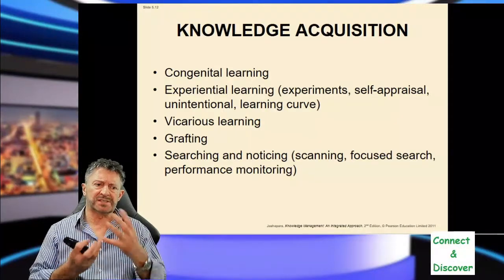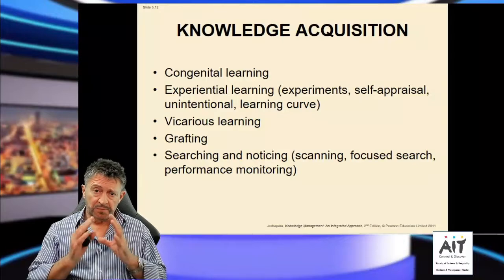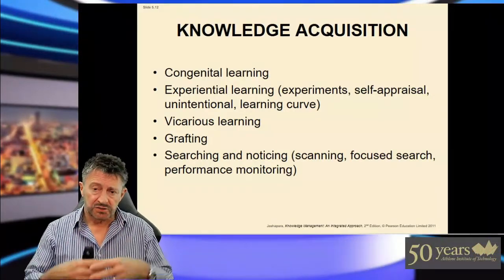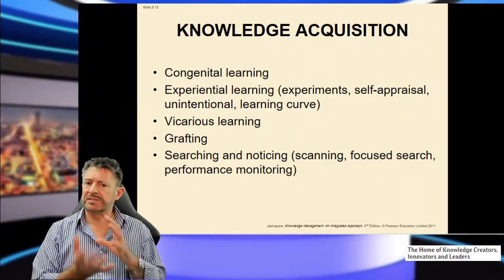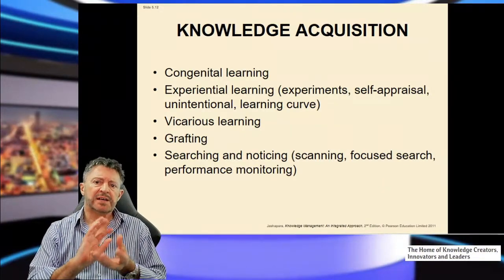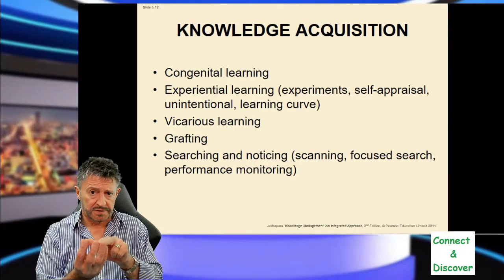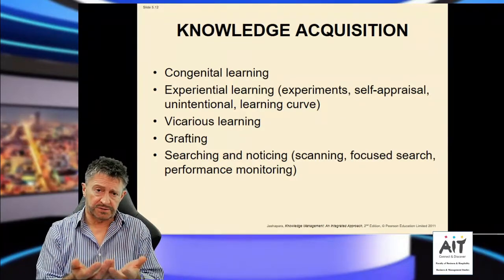So all of these are different ways of learning for individuals, but more importantly, knowledge acquisition for the team. So we do this on an individual level. We all have our own different styles and different ways. It's how effectively we share the process of how we're learning, not just what we've learned, but also the process with others in our team.